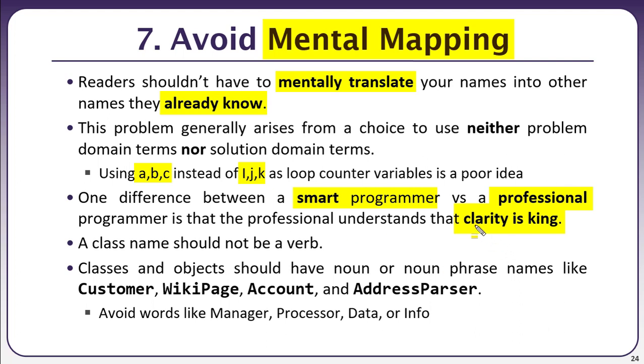When I'm using I, J and K, my code will automatically be clear. The loop and its working and its iteration will automatically be clear to everyone who is reading the code.